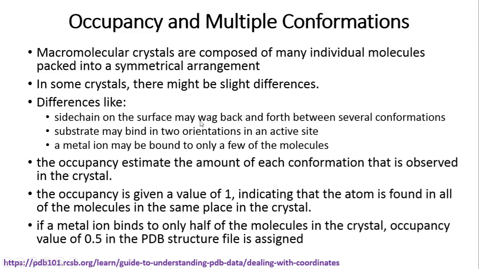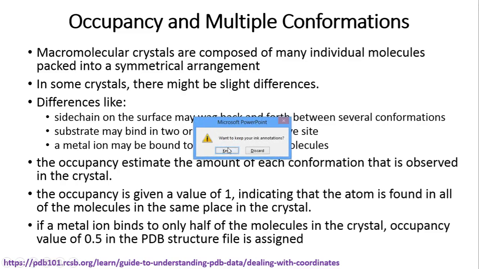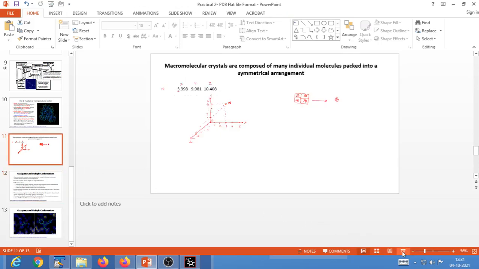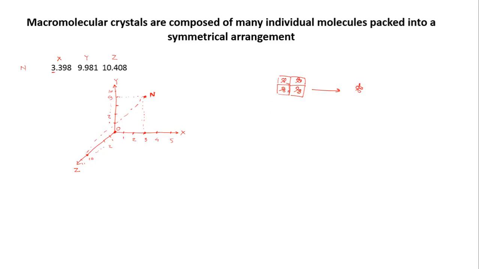As I have already mentioned, it can wag back and forth between several conformations. Say, for example, in this particular molecule the side chain can be like this, while in another molecule the same side chain can orient in a different way. So in the same crystal, there can be different arrangements of atoms in your protein molecule.